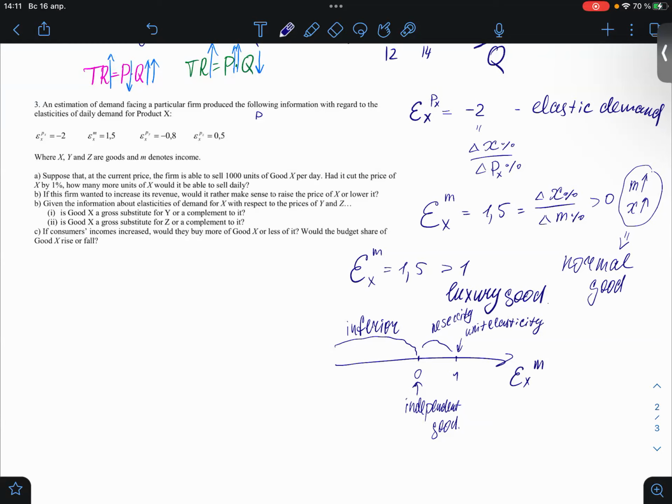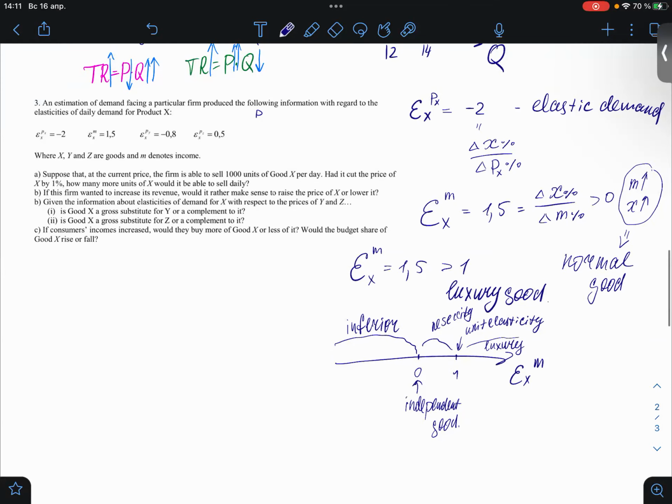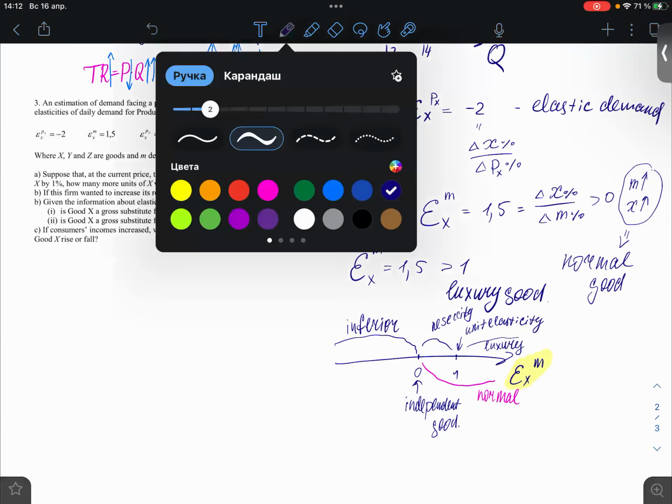And if we have a strong but positive reaction, this good is a luxury good. Also, we say that if we have positive elasticity of demand by the change in monetary income, we call such a good a normal good. I hope this scheme will be useful for you. But this is only true when we speak about elasticity of demand by the change in income, not price.